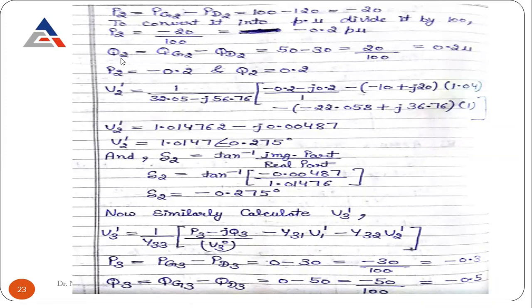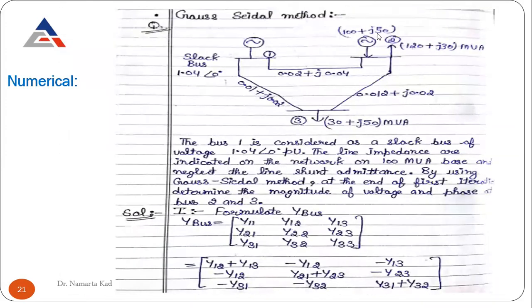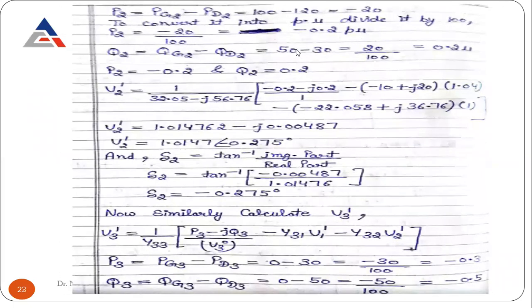Similarly, Q2 is QG2 minus QD2, that is 50 minus 30, given in the question, equal to 20 divided by 100, which is 0.2 per unit. Therefore P2 is equal to minus 0.2 and Q2 is equal to 0.2.